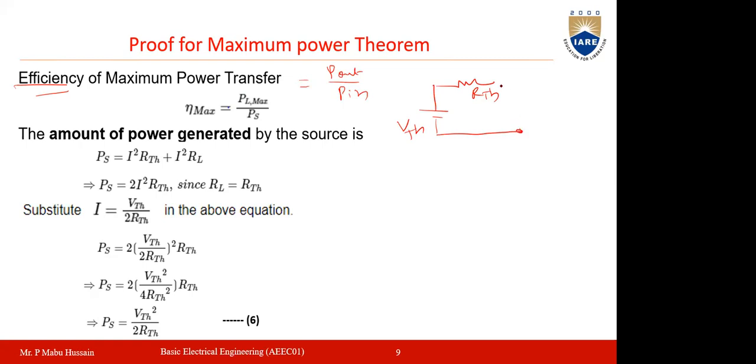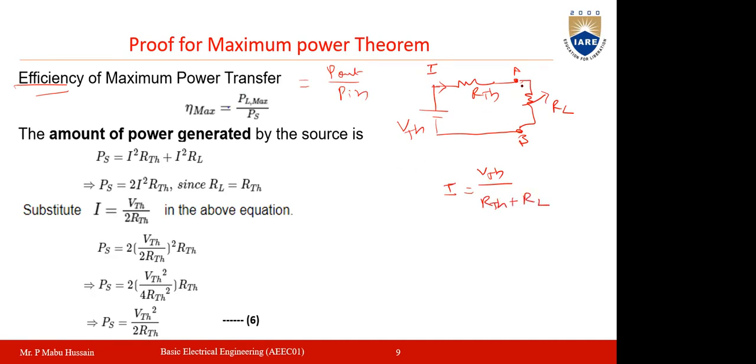So this is the Thevenin's equivalent circuit, with terminals A and B, and across these two terminals you have the load resistance RL. Now the current delivered from the source, let it be I, and the value of I will be equal to V Thevenin by (R Thevenin plus RL).